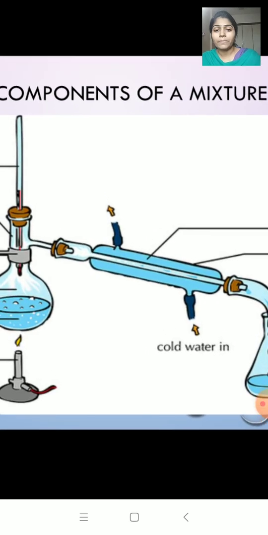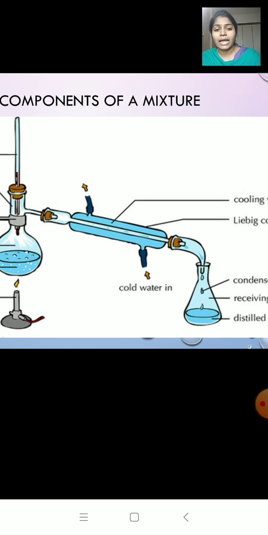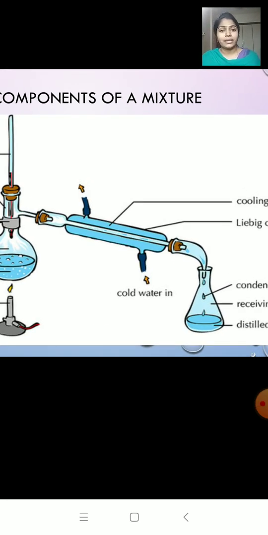The vapors will pass through the condenser. In the condenser the water will cool the hot vapors, and the vapor will condense. It means it will turn into liquid, and that liquid can be collected in a beaker.